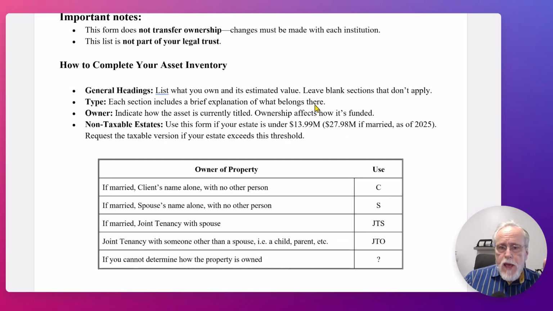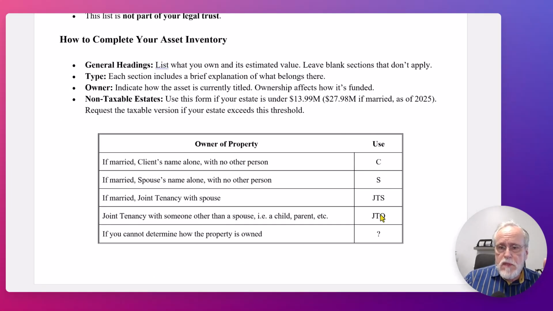Now, we have some codes here. This, again, is just so that you can help us tell us how that asset might be held. For instance, I had a client that had some assets over at Vanguard, and they had a joint tenancy. Well, Vanguard had some specific limitations of what you could do with a trust that's held in a joint tenancy.